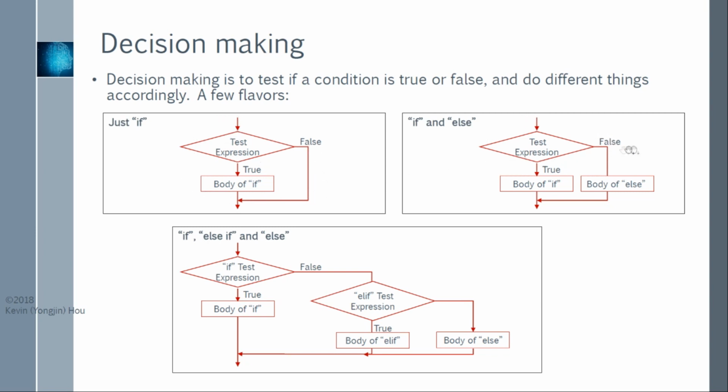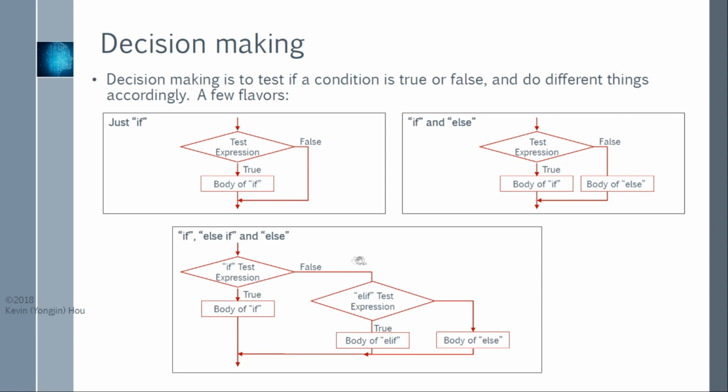The second flavor of decision making is if and else. Here again, you have a test expression. If it's true, go into the if body. If it's false, you have a separate body for else to do. In the end, they all merge, getting out of the if and else block.